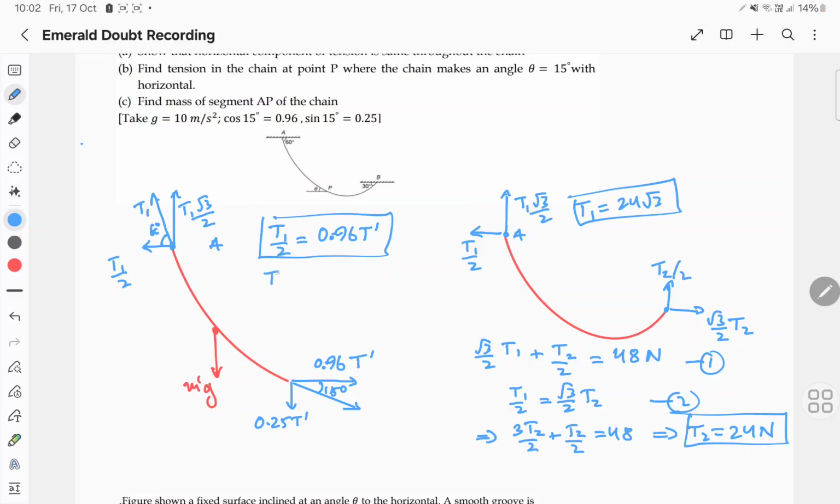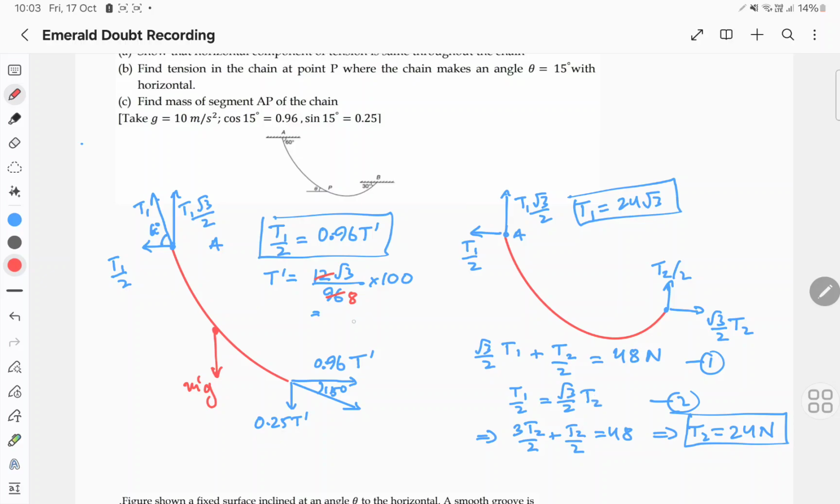So my T dash is equal to T1 by 2, which is 12 root 3, divided by 0.96, that is divided by 96 into 100. So you can calculate this. 12 by 8 times is that.